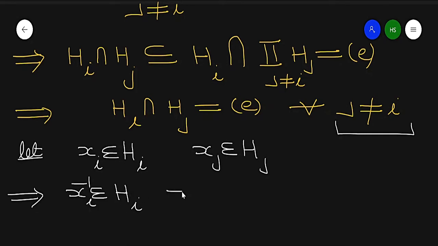What does normal mean? If I consider an element of G, then Xj inverse Xi inverse Xj belongs to Hi. Why? Because Hi is a normal subgroup.